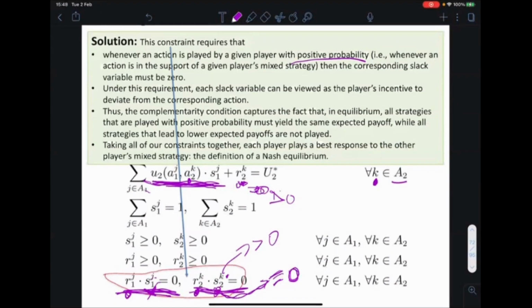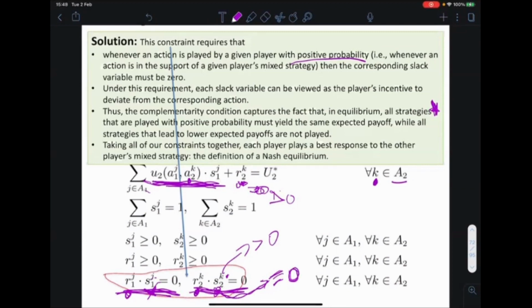So this complementarity condition recaptures the fact that in equilibrium, all the strategies that are played with positive probability must have the same expected payoff, as we have expanded on quite a number of times already, while all the strategies that lead to a lower expected payoff are not played. This is a very important characteristic of mixed Nash equilibrium.